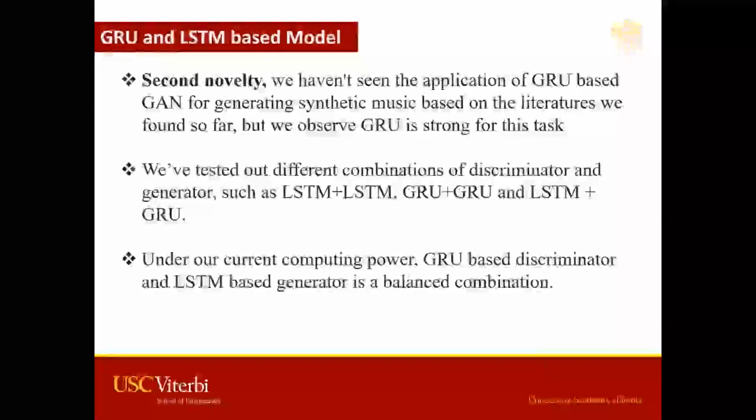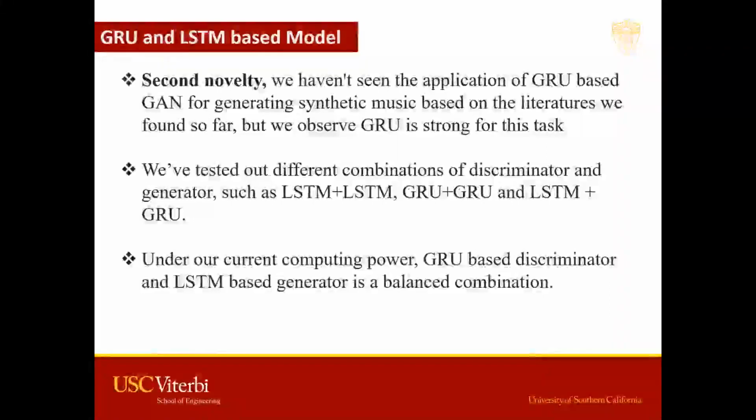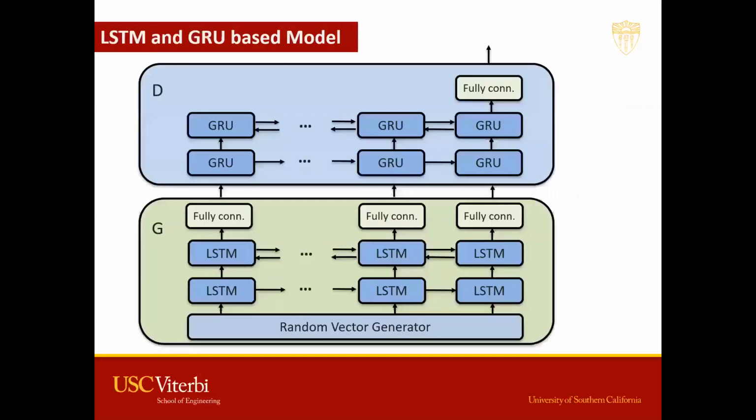We have tested different combinations of discriminator and generator, such as LSTM discriminator with LSTM generator, or GRU discriminator with GRU generator, and so on. In the end, we found that GRU is very strong in handling this task. And we find that this structure, using LSTM for the generator and GRU for the discriminator, is the most balanced combination.